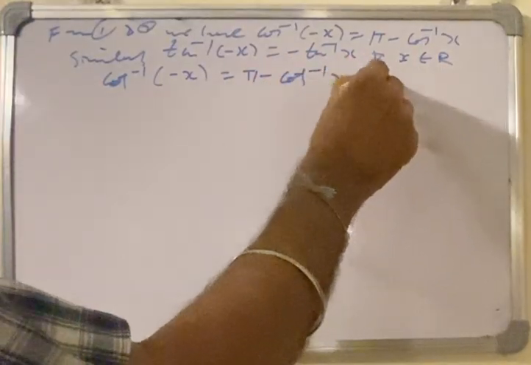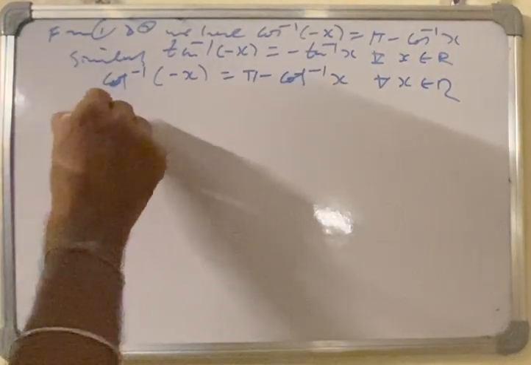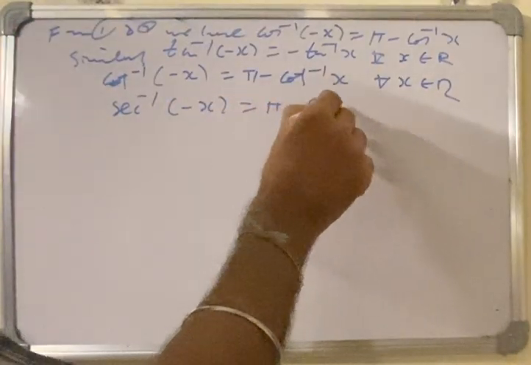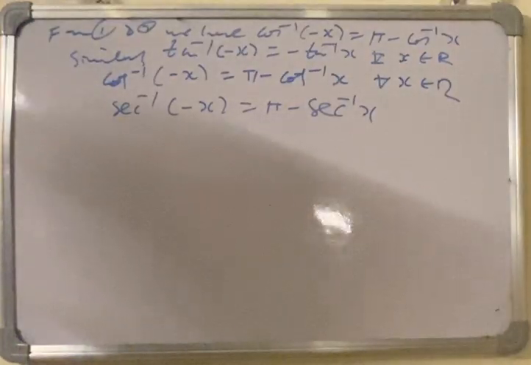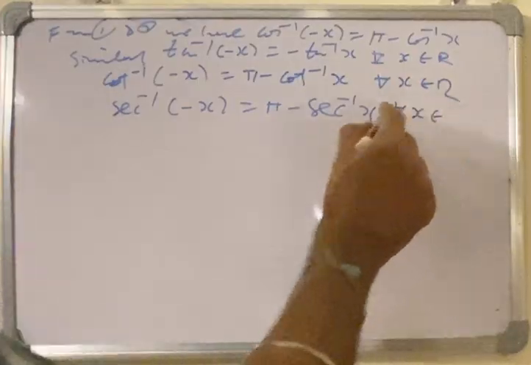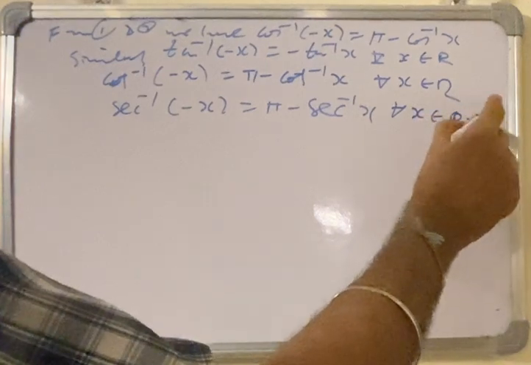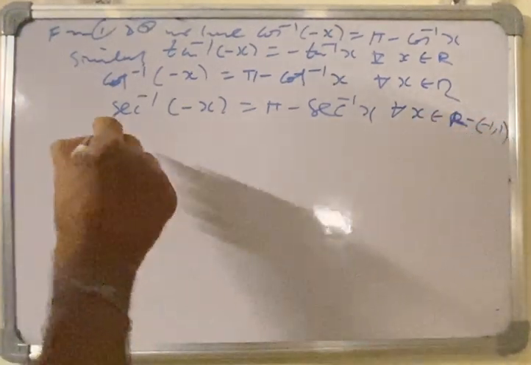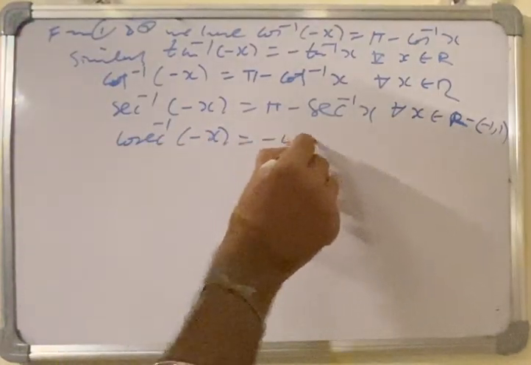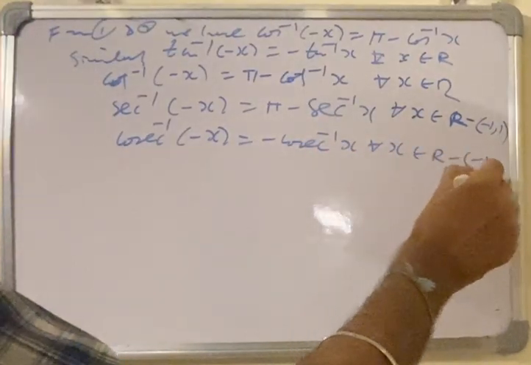Similarly, we can prove that for all x belonging to real numbers. Secant inverse minus x is pi minus secant inverse x for all x belonging to R minus the open interval minus 1 to 1, where R is the set of real numbers. Cosecant inverse minus x is equal to minus cosecant inverse x for all x belonging to R minus the open interval minus 1 to 1.